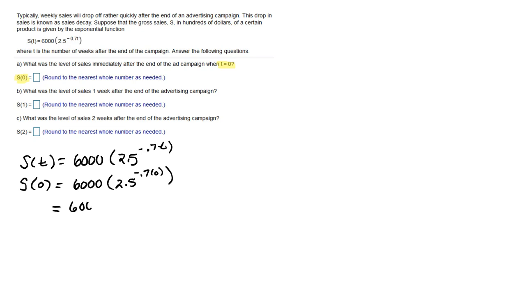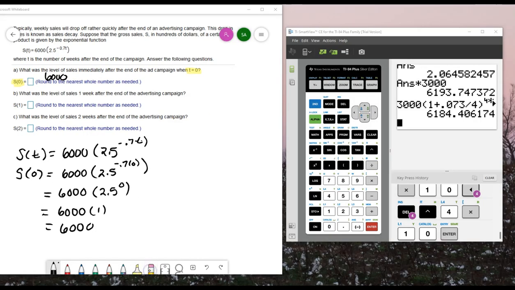That's going to give us 6,000 times 2.5 to the 0, since 0.7 times 0 is 0. 2.5 to the 0 is 1, and 6,000 times 1 would be 6,000. So sales immediately after the end of the campaign would be 6,000.